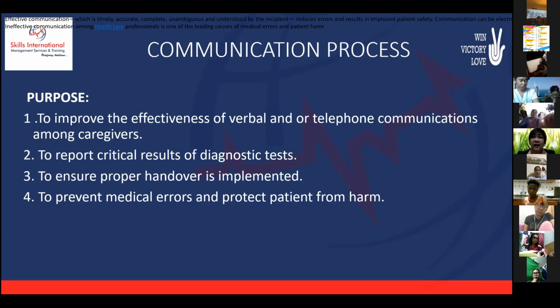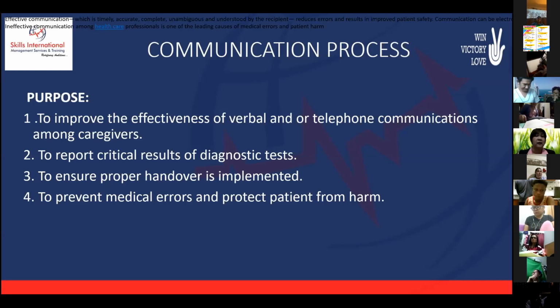So we are dealing with live patients, alive. Patients are alive here. So whatever we do with the patients, if it is not effective, it results in what? Medical errors, patient harm. So reporting critical results of diagnostic tests must have an effective communication, or you must communicate it effectively to ensure proper handover is implemented.